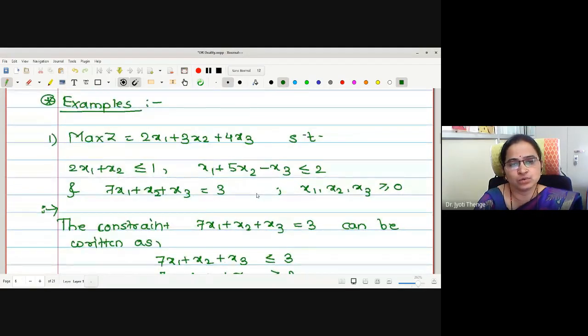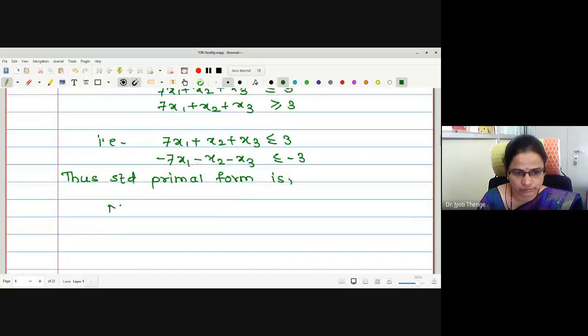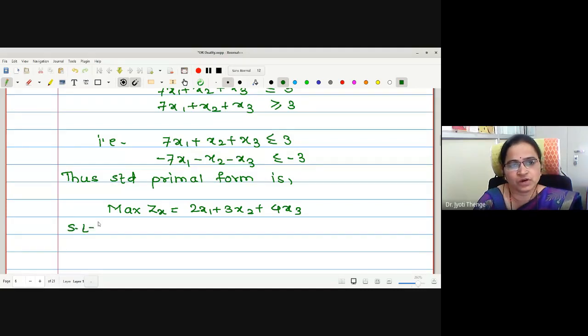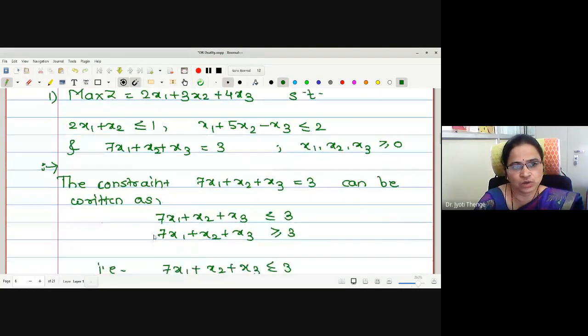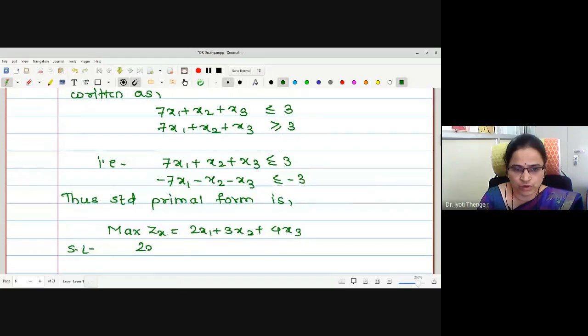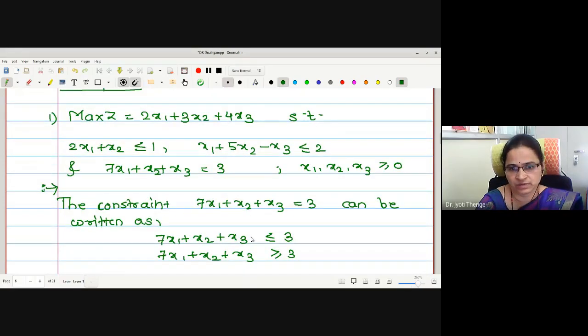Maximize z equal to 2x1 plus 3x2 plus 4x3 subject to the constraints. What is my first constraint? 2x1 plus x2 less than or equal to 1. What is my second? x1 plus 5x2 minus x3.